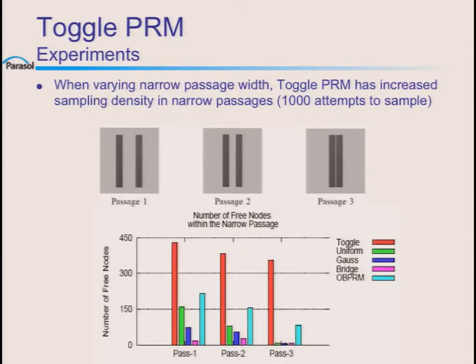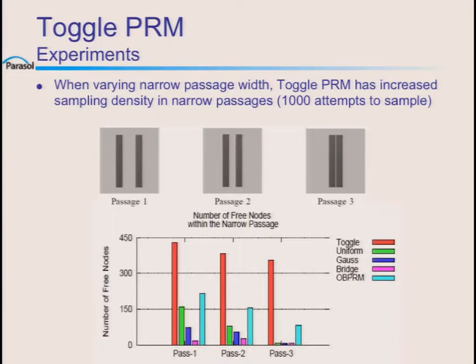Here's an example with three different passages, where the third is much narrower than the first. The red bar shows how many samples toggle PRM got inside the narrow region, versus other methods built to do this, such as Gaussian sampling, OBPRM, and the bridge test. This strategy got a lot more samples in the narrow region than the others.